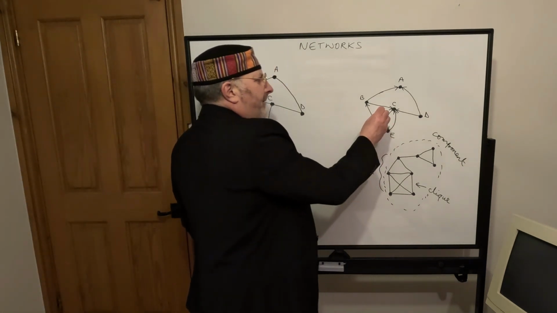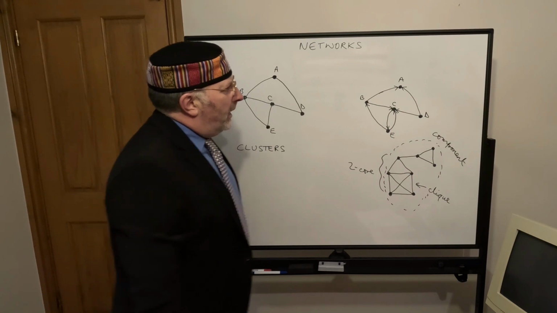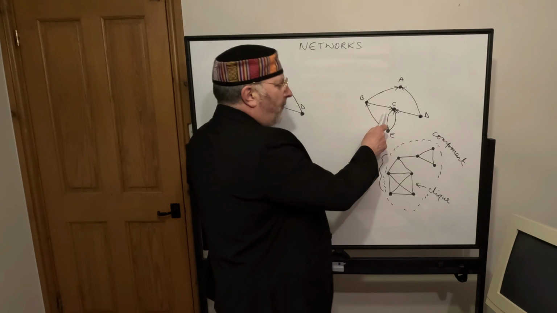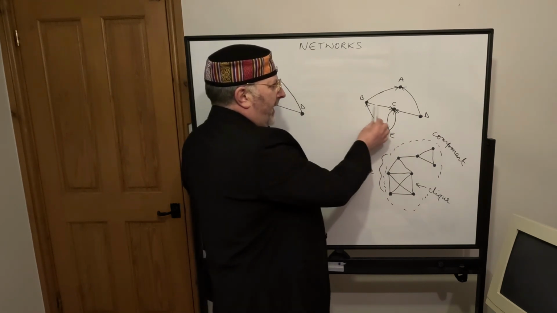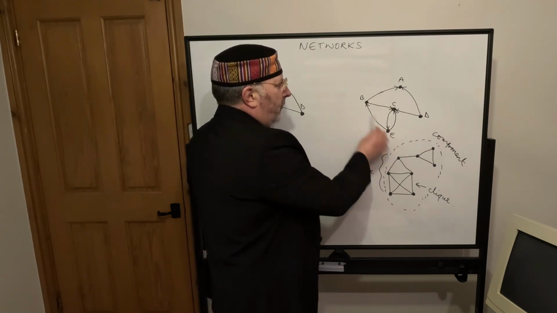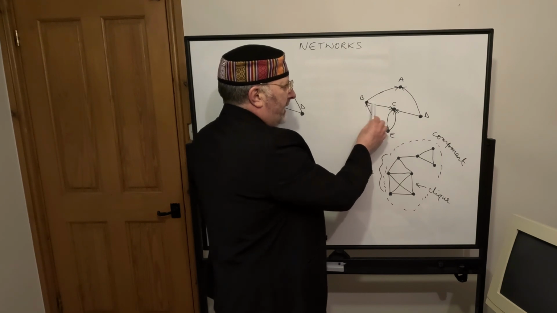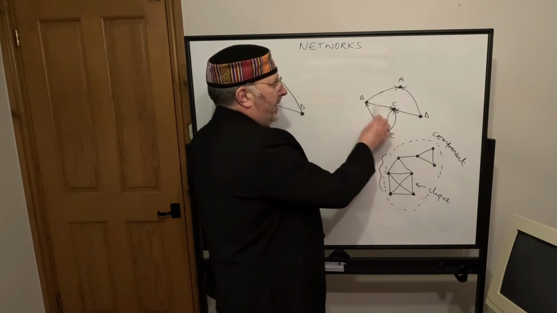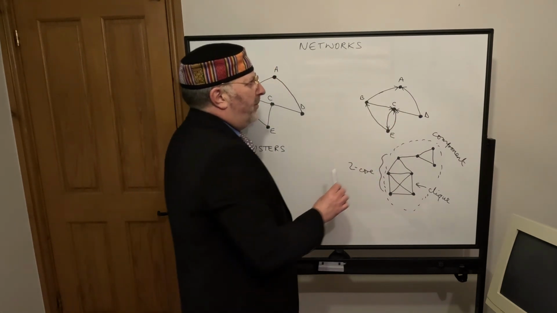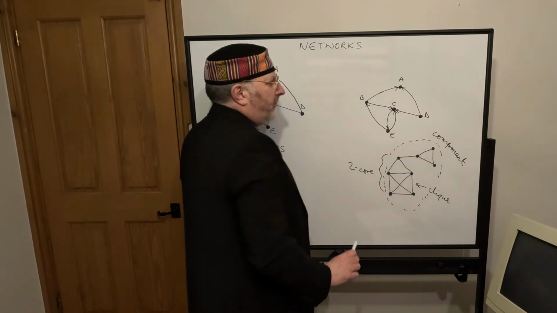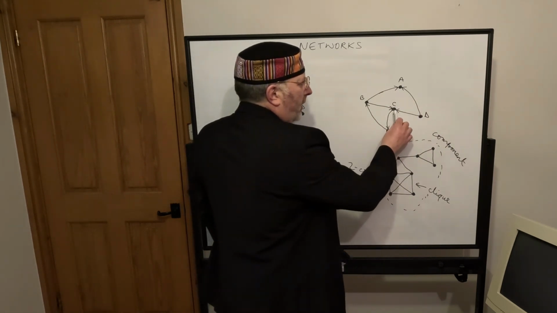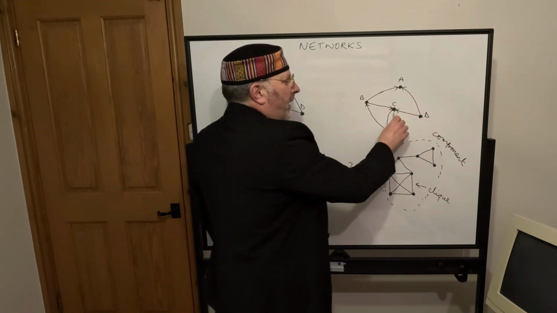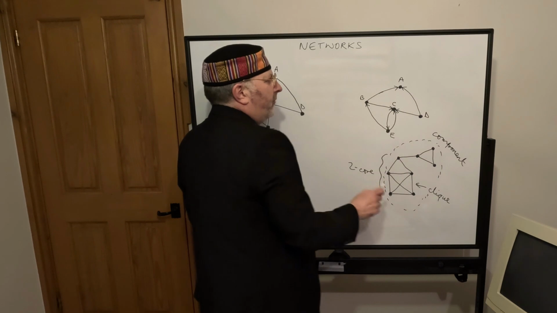If we look up here, this directed network, then we would say here, well, B, C, and E form a component. They're connected. So you can get from B to C and to E, and C to E and E to B and C. But A and D are not part of a component because we've already said you can't get into this component from A and you can't get out to D from this component.